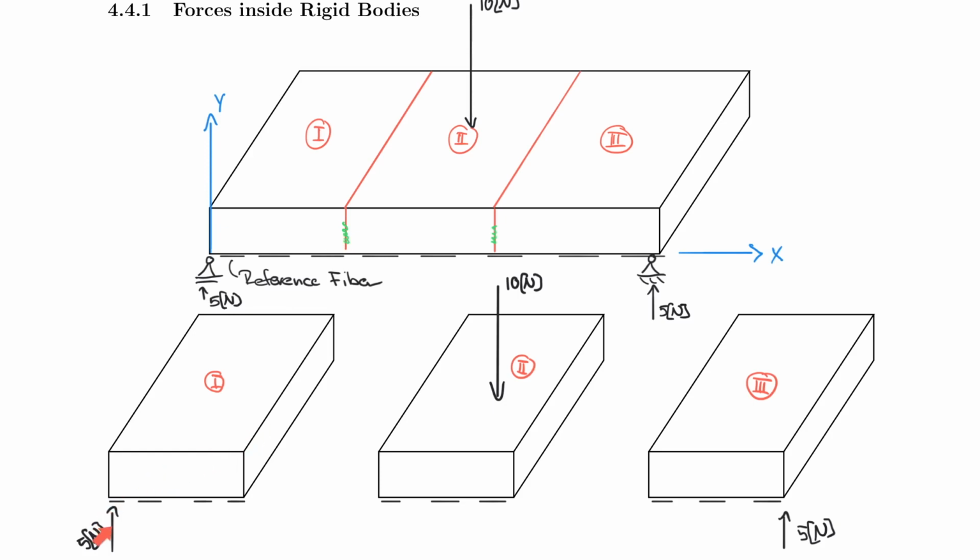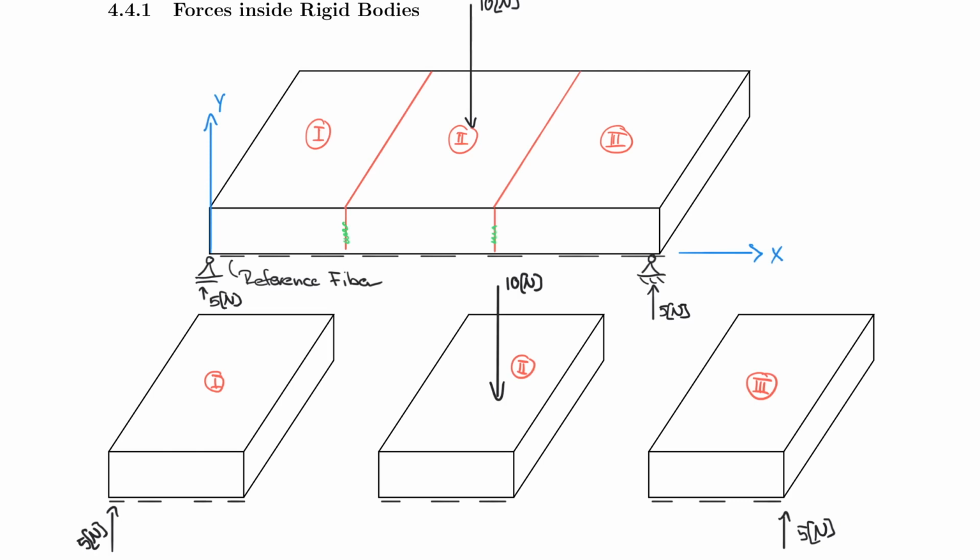This one has an imbalance up with 5 newtons, this one an imbalance down with 10 newtons, and we have an imbalance here. The glue at this connection made sure that we can transfer the 10 newton from the center to the support. So far this has just been accepted as magically happening, but now we want to learn how that works.